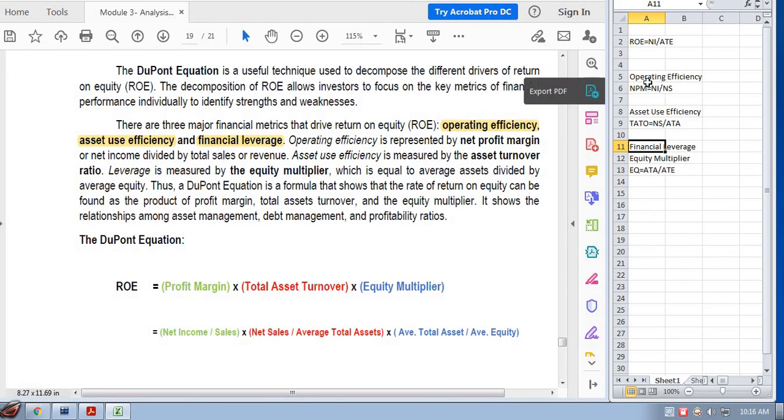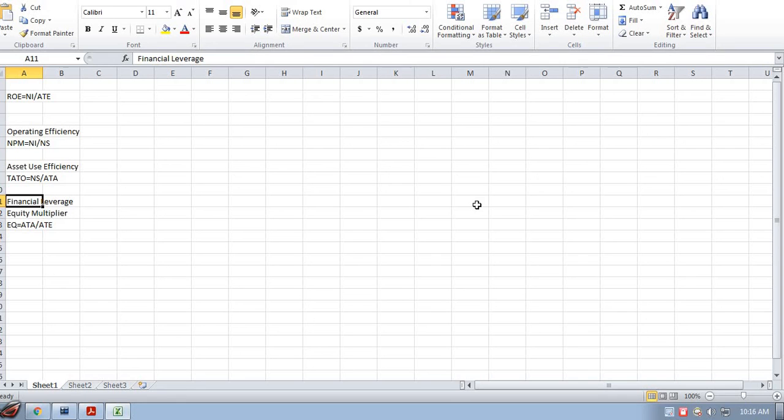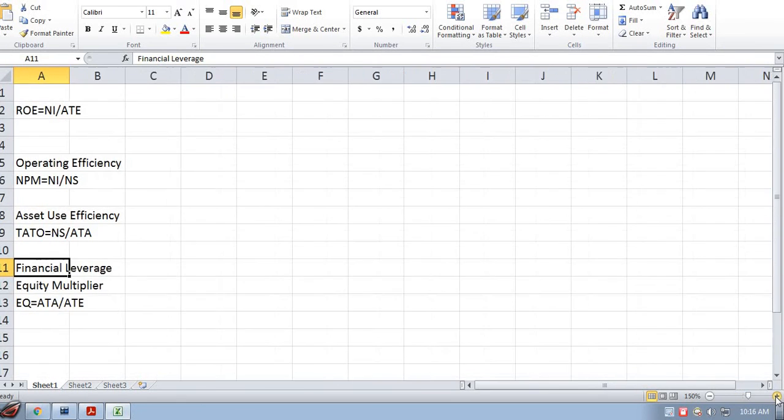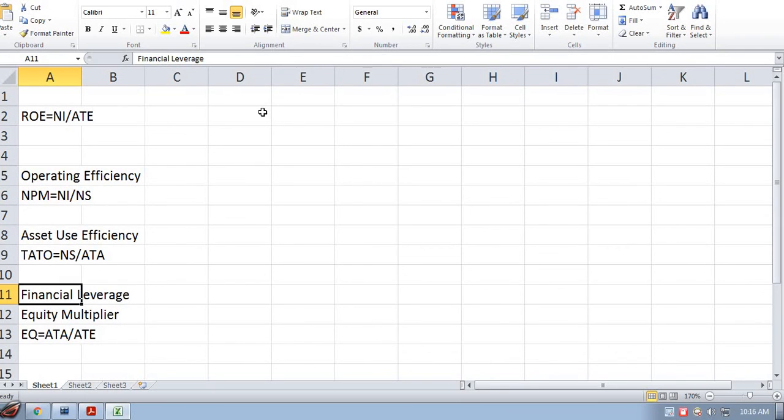Okay, maximize ko yung Excel class for our analysis purposes, okay? So, maximize ko yung Excel. Okay, palakihin natin konti. Okay, so first, latag natin. Kasi itong tatlong metrics class, kailangan mo i-multiply yan to get the ROE.